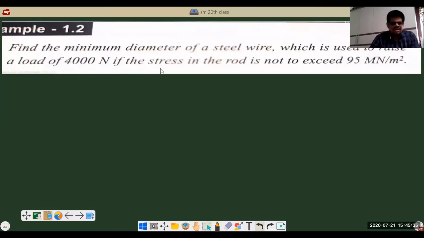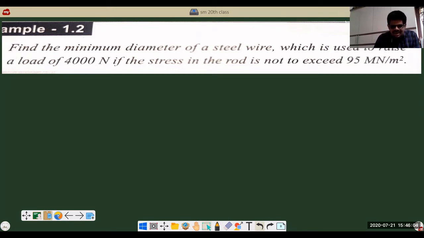So we have to find out the minimum diameter of a steel wire. There is a steel wire which is subjected to a load of 4000 newtons. See here, 4000 newtons is the load, and the stress is also given. The stress in the rod should not exceed 95 meganewtons per square meter.